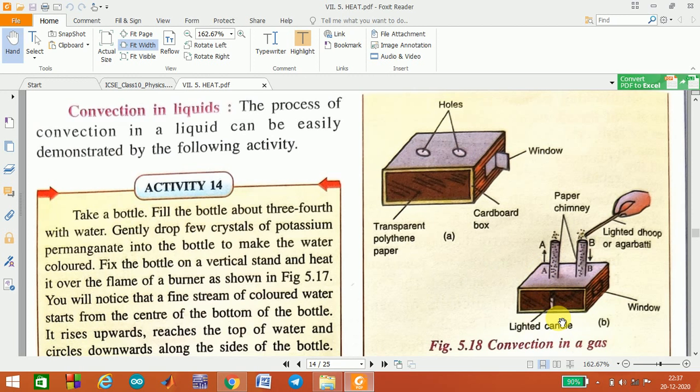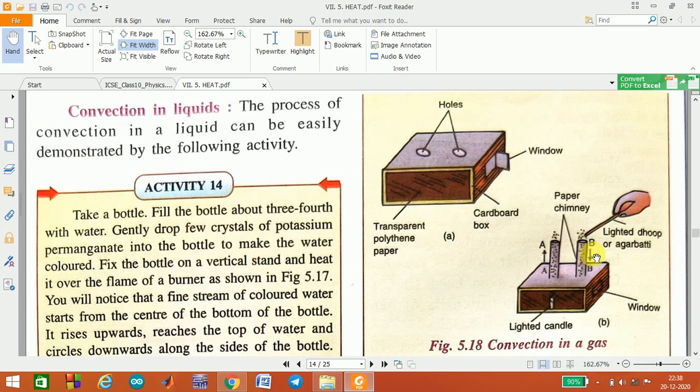Then what will happen? Then hold a lighted dhoop or agarbatti near the mouth of chimney B as shown in the figure. So first you will keep the candle here.